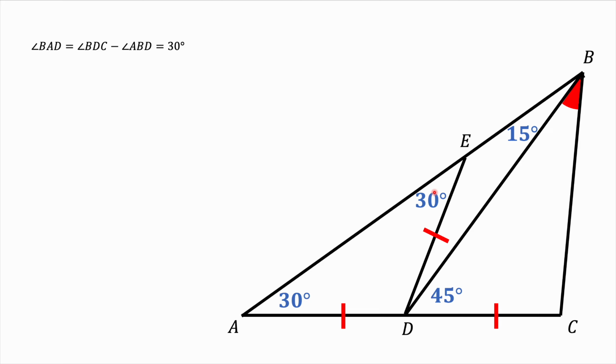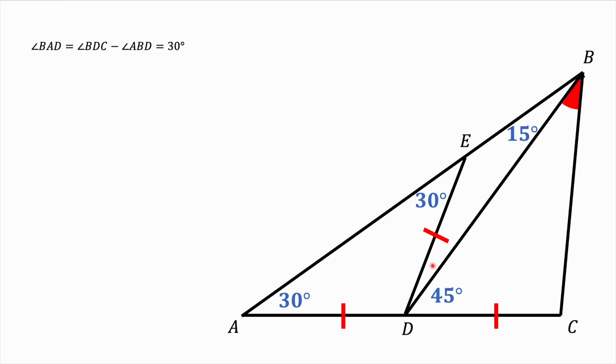The next thing we can do is find this angle, angle EDB. Notice this angle of 30 degrees, which we just found, is an external angle to the triangle DEB. And therefore, it equals the sum of this angle and this angle.